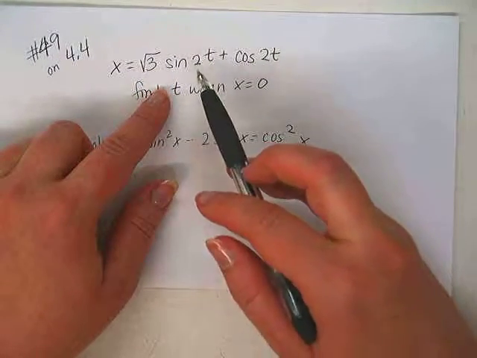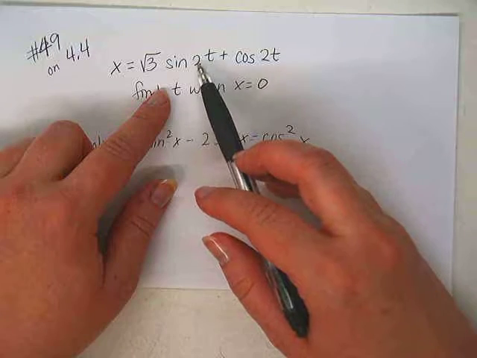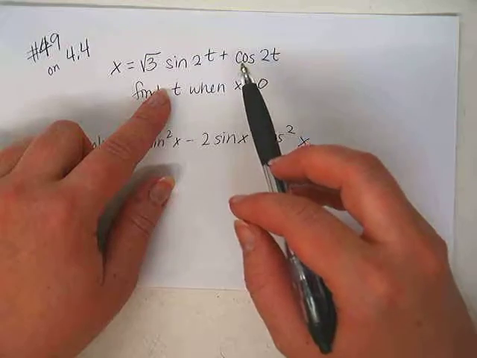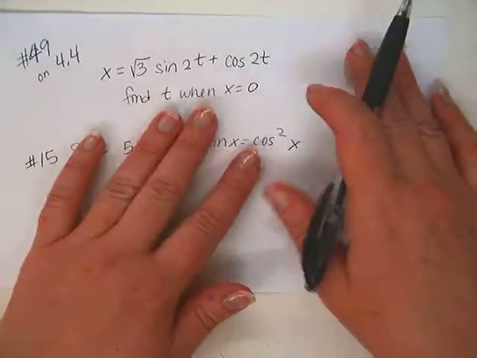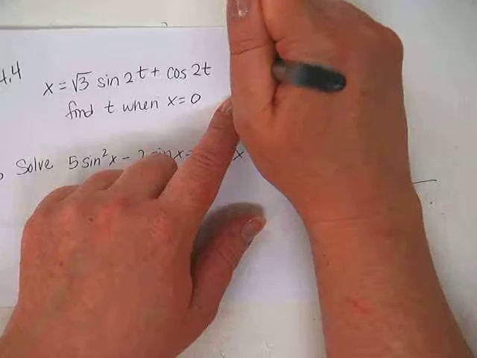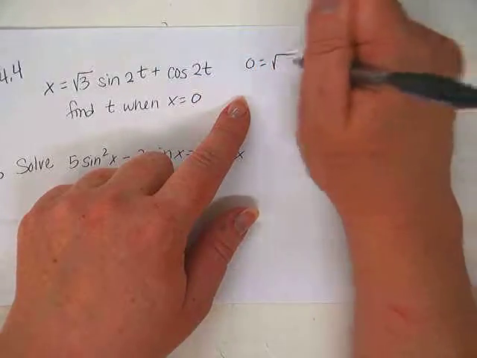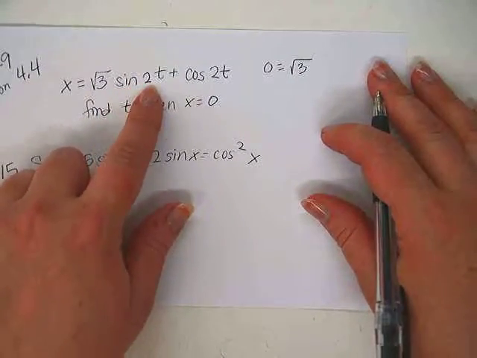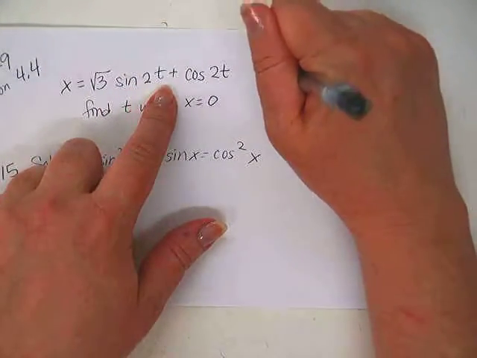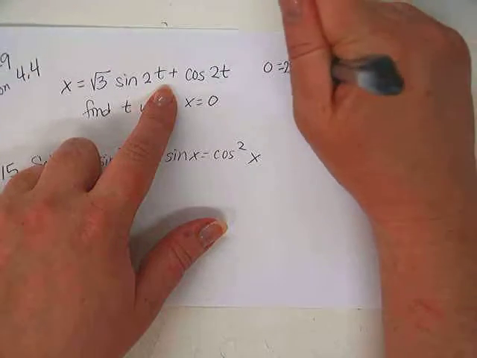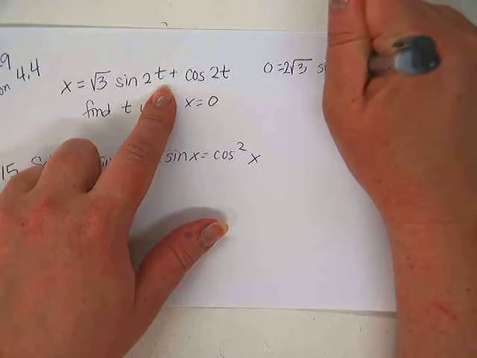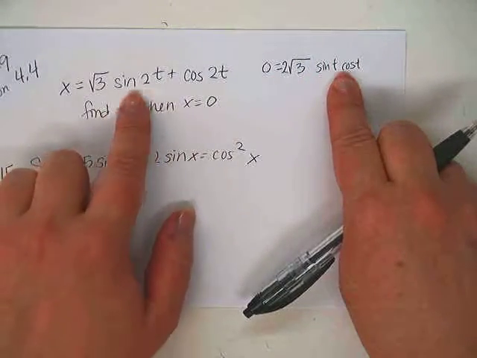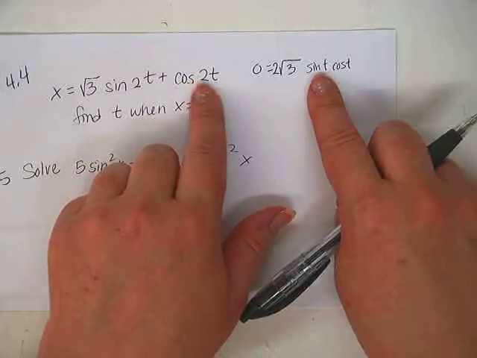Okay, so if we use a double angle identity for sine, we would have 2 sine t cosine t. I think the identities would work. So 0 equals, let's go ahead and do our double angle identities. This would be 2 square root 3 sine t cosine t, so everyone see where I got that? 2 sine t cosine t is that double angle identity, right?